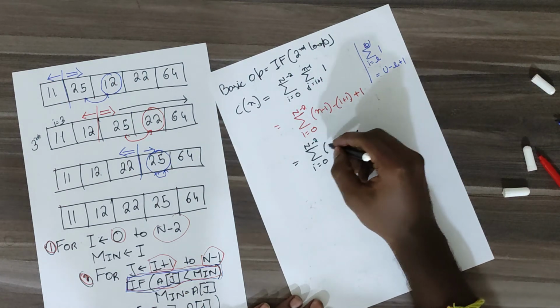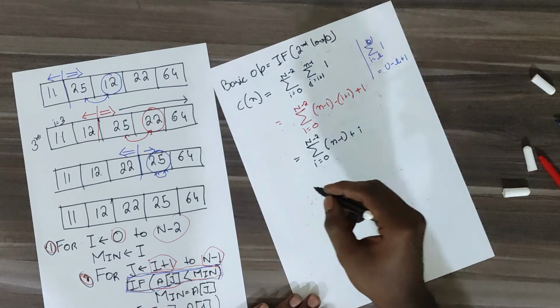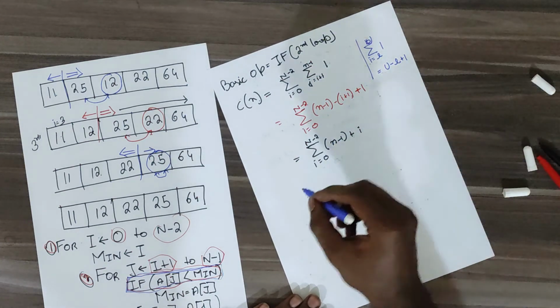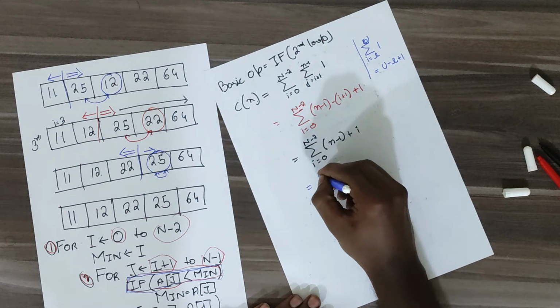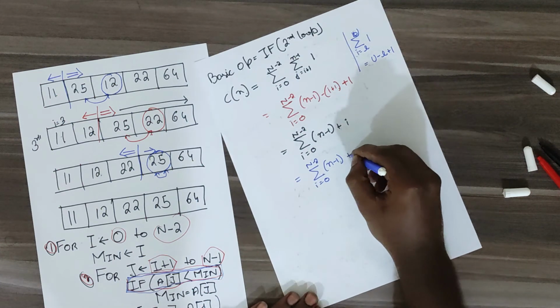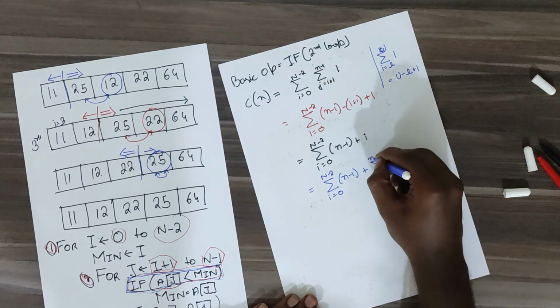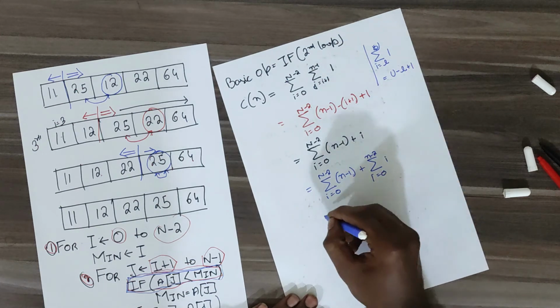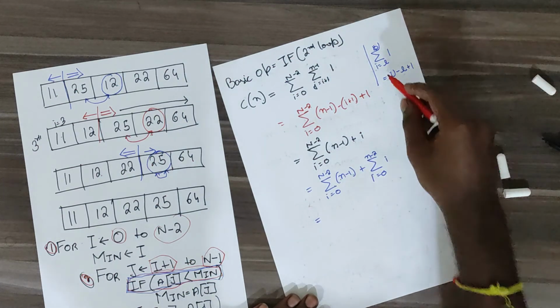We know that sigma can be split in two if there is an addition or subtraction operation. So this can be rewritten as sigma i equals 0 to n minus 2 of n minus 1, minus sigma i equals 0 to n minus 2 of i. So this is nothing but the previous expression which we got.